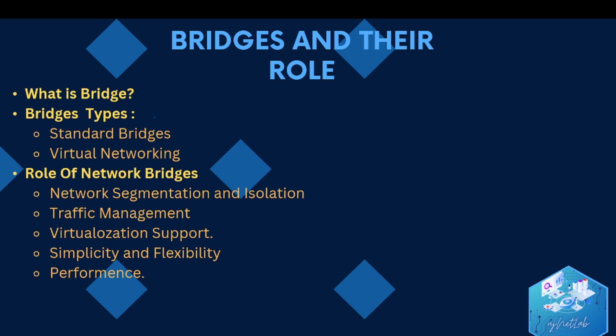Now let's go to the bridge types. Technically speaking, there are no bridge types. We are not looking at different flavors or varieties. It's about how you configure or use the Linux bridges.